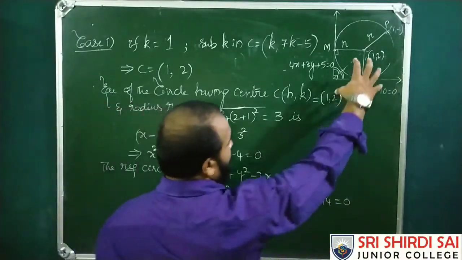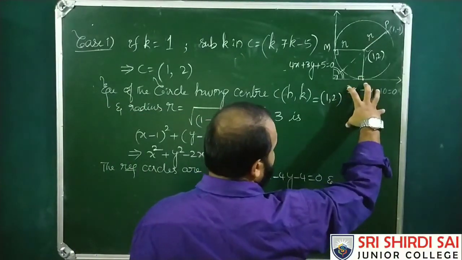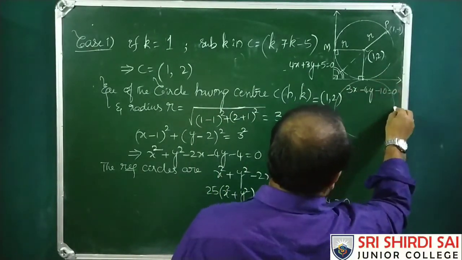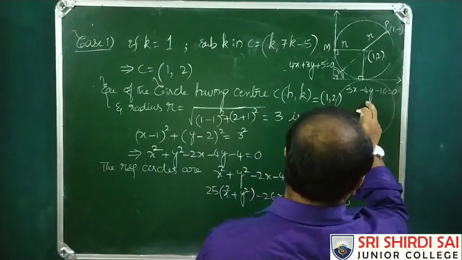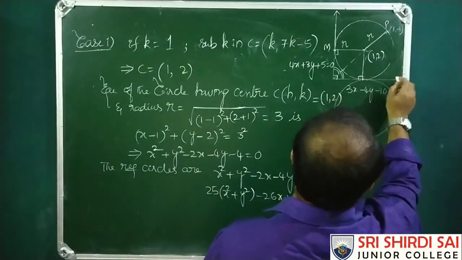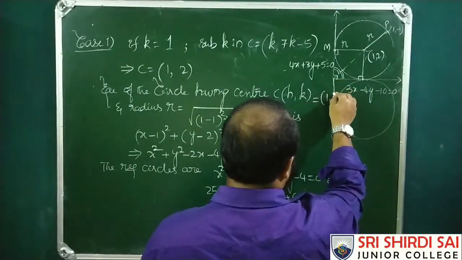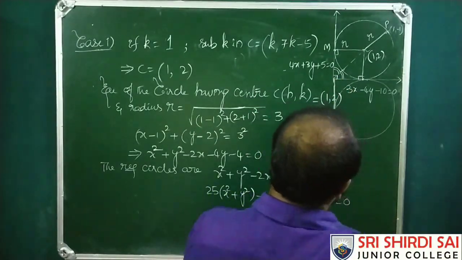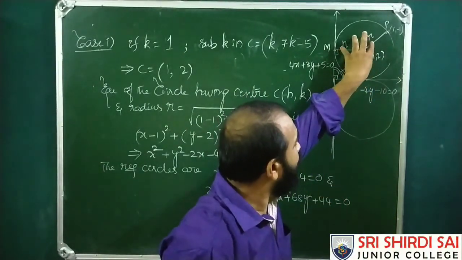Because this is one circle, there is a possibility of another circle like this, and that circle also touches one of the lines, and this is another line. So that is why we got two circles.